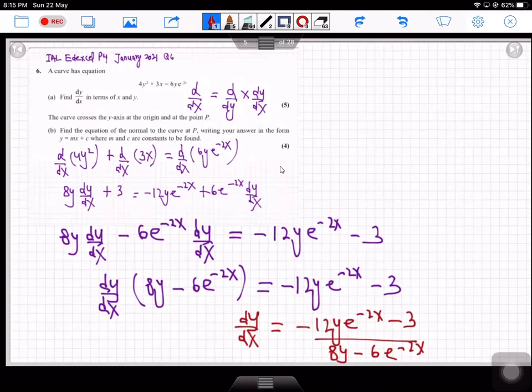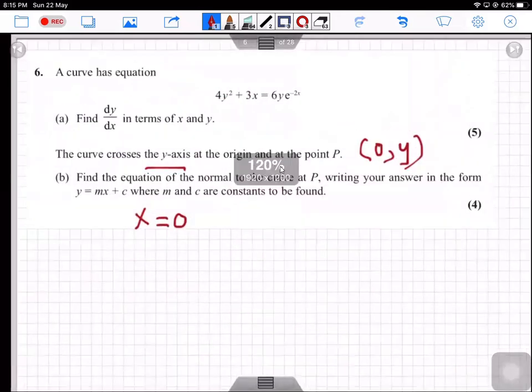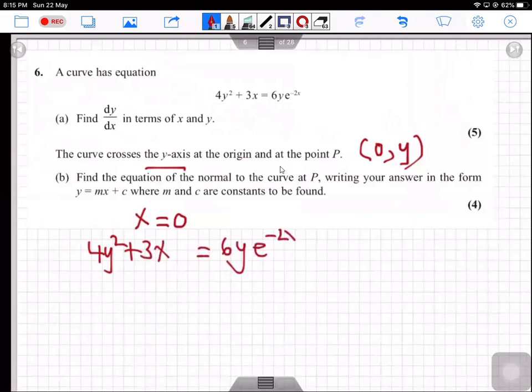So first of all, we need to put x equal to 0 into the original equation of the curve, the original implicit function given to us in the question, so that we can find the corresponding y coordinate as well. So 4y square plus 3x is equal to 6y multiplied by e raised to the power minus 2x.